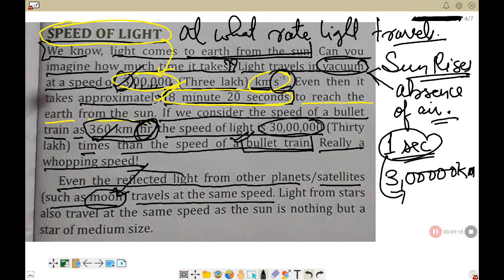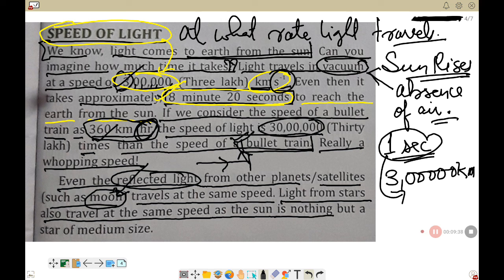So even the reflected ray, meaning the light ray coming from the sun strikes some surface and gets reflected back, the speed of the reflected light is the same, that is 3 lakh kilometer per second. Alright, so light from stars also travels at the same speed as the sun, as the sun is nothing but a star of medium size.